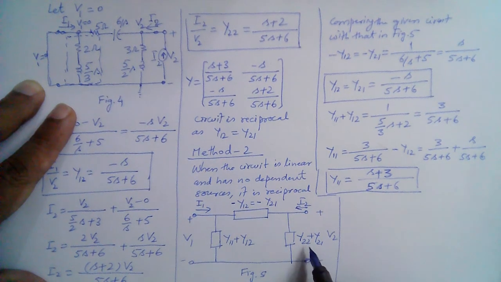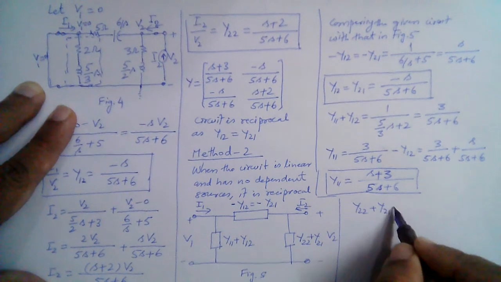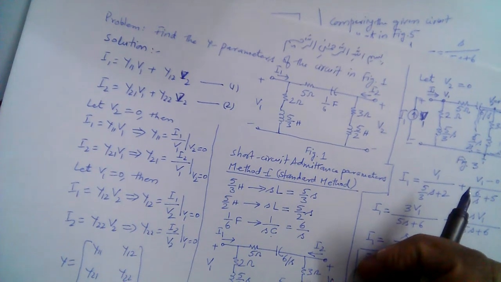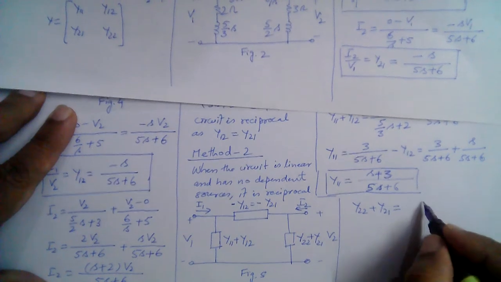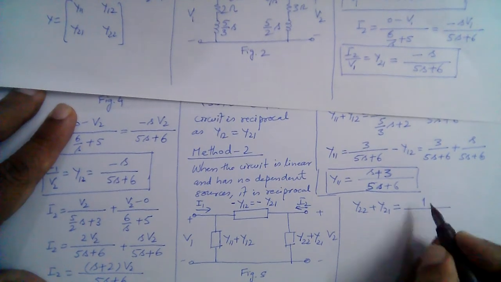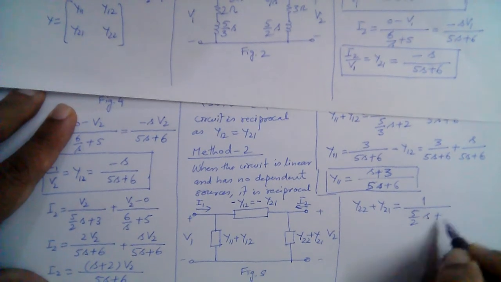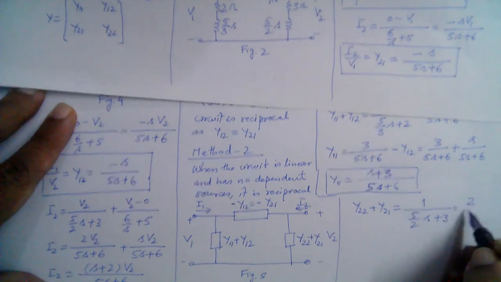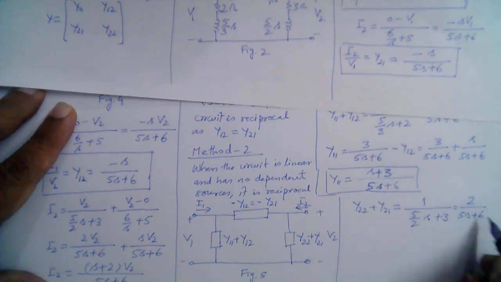And now y22 plus y21 is equal to the admittance of this branch. So that is 1 over 5 over 2s plus 3, right? So that is equal to 2 divided by 5s plus 6.